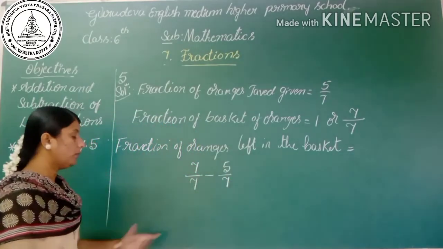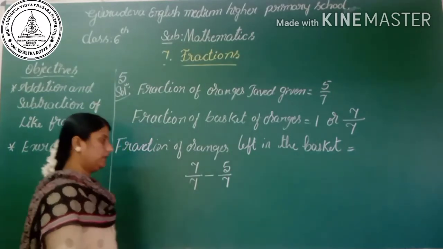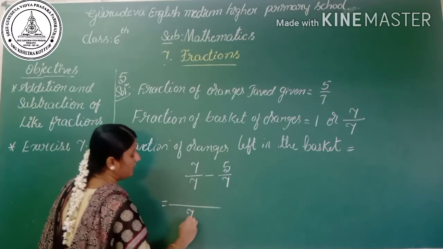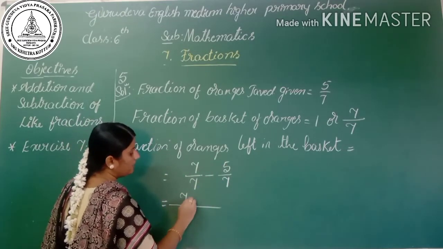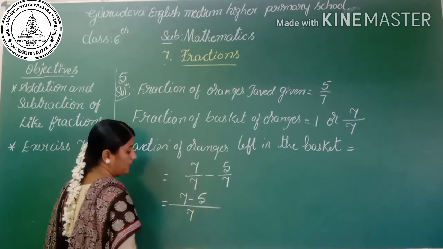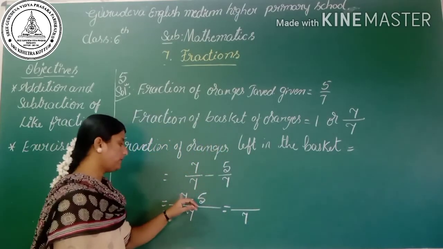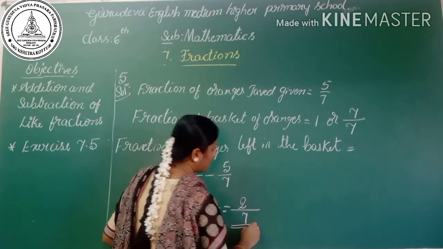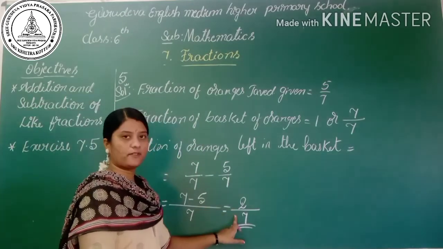As you can see, both are like fractions, so we can easily subtract. Write the denominator as it is, 7, and subtract the numerators, 7 minus 5, which is 2. So 2 by 7 is the fraction of oranges left in the basket.